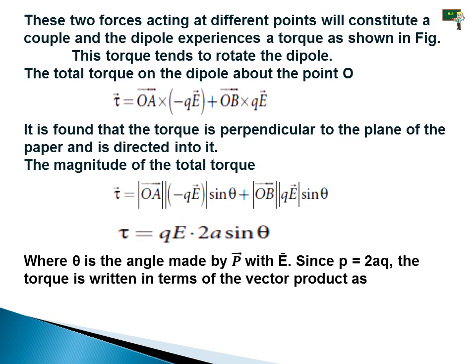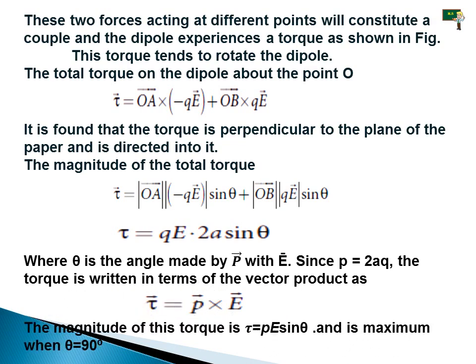Since P is equal to 2qa, we can substitute P here. The torque is written in terms of vector product as tau is equal to P vector cross E vector. The magnitude of this torque is tau is equal to PE sin theta, which is maximum when theta is equal to 90 degrees.